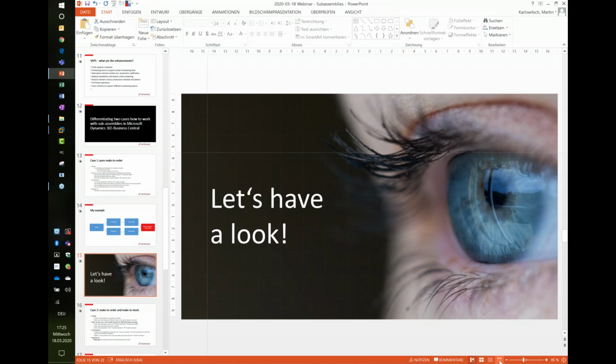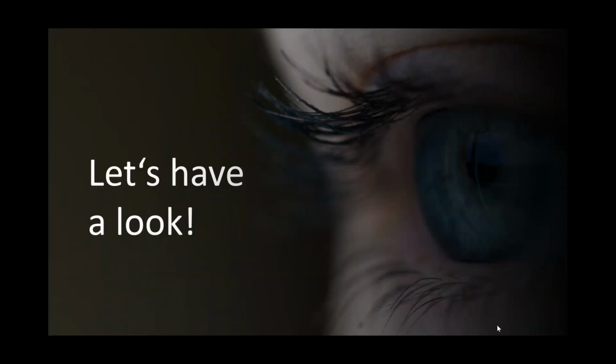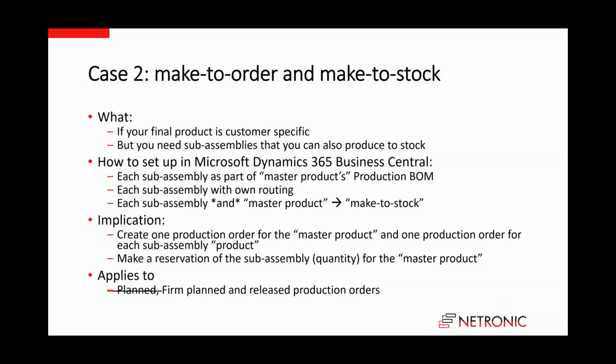So now let's go back to the second case, where we have a combination of make to order and make to stock. This could be the case if you have a final product that is customer specific, but in order to produce this final product, you need some sub-assemblies that you also produce on your own, and some of the sub-assemblies can be used for different types of final product.